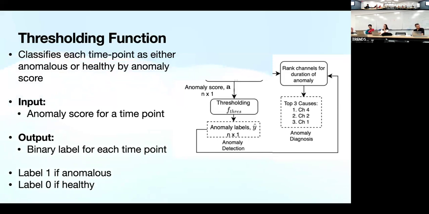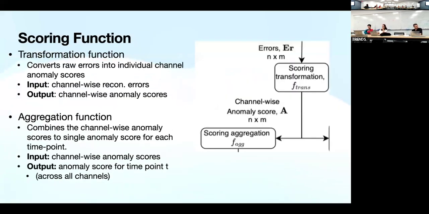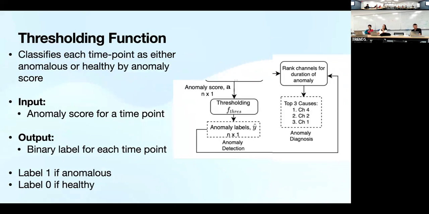After the scoring function, they do this aggregation, which combines it into one single value for each time point in the time series. Then they just look at that value for each time point and apply a threshold. That threshold determines whether this time point is classified as either anomalous or healthy.